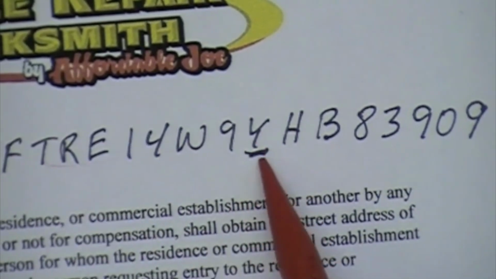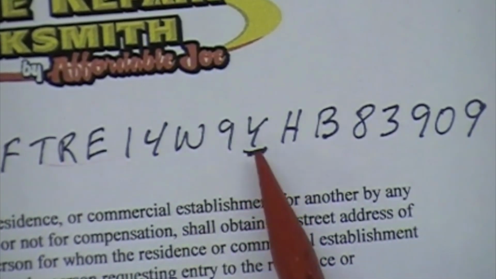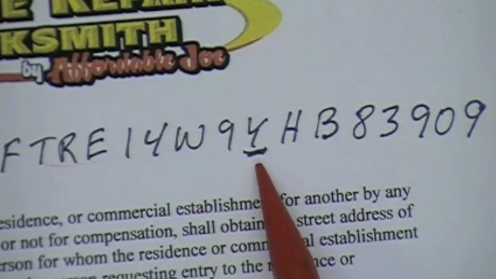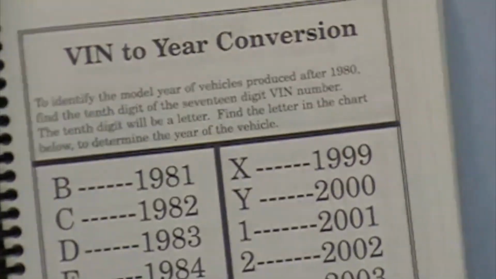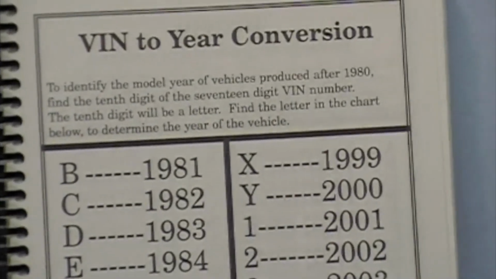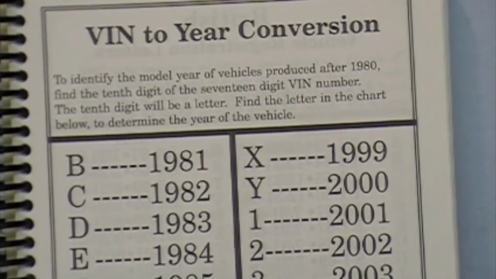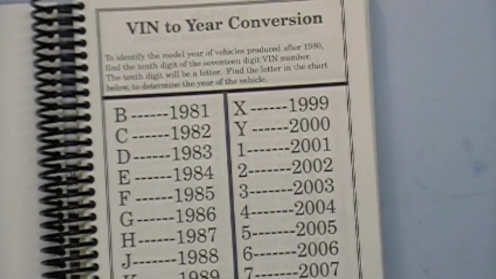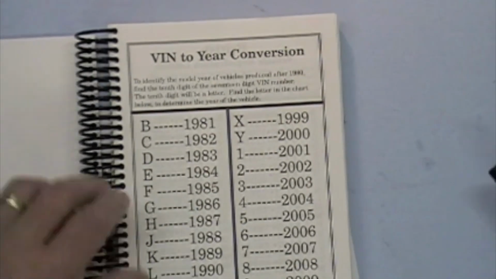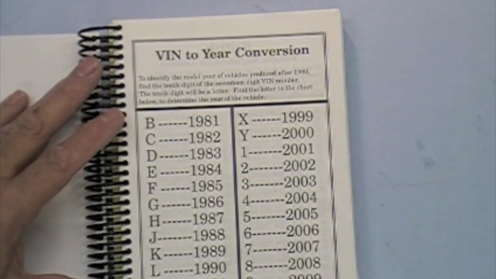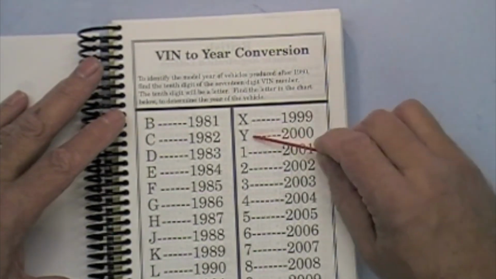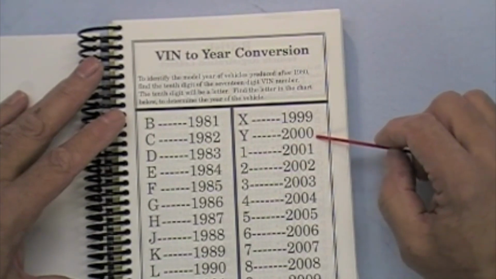In this vehicle ID number, the 10th digit is a Y. So we'll go to a chart and find out what the Y indicates. I'm going to use fast facts to start with here, and I'll show also in some other materials. Letter Y right here, we can see it's a 2000.